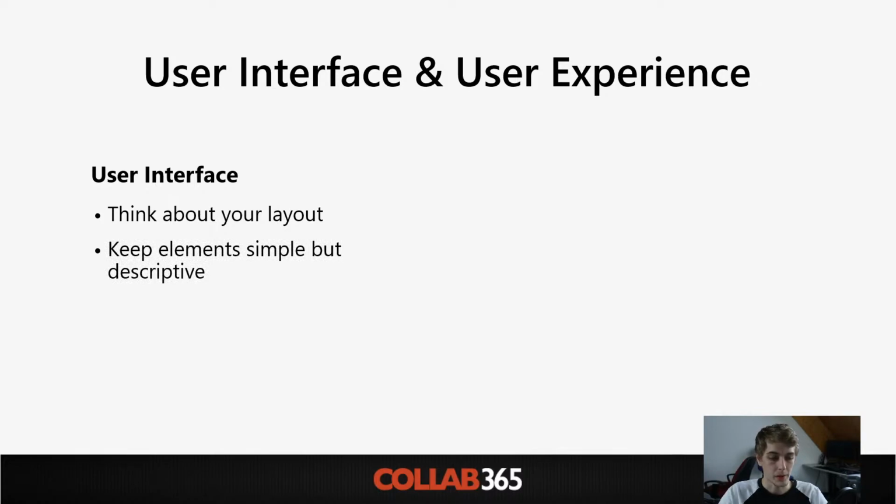We also need to make sure that we are using various elements, but also keeping them simple and descriptive. Now that's kind of counterintuitive. What do I mean by this? I noticed after building my prototype, which we're going to get onto a little bit later, that a lot of my user interface was very texty.